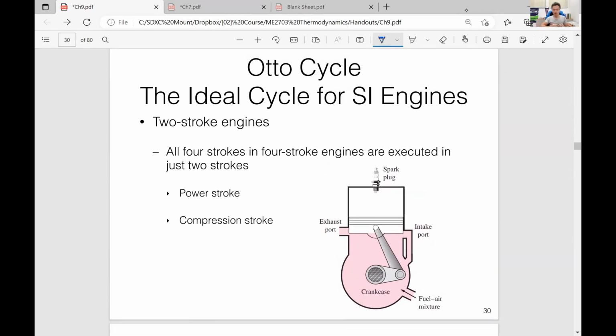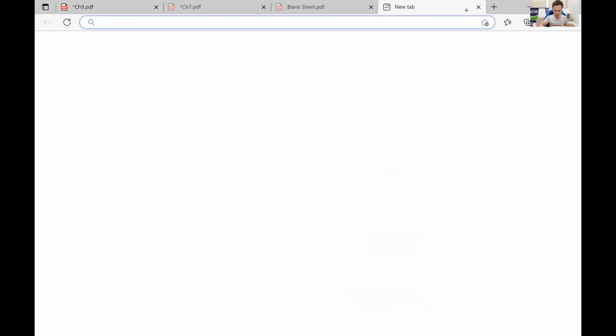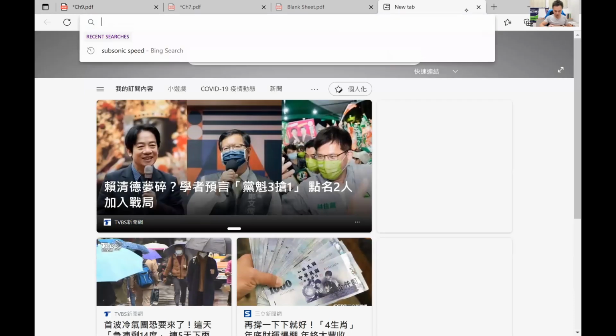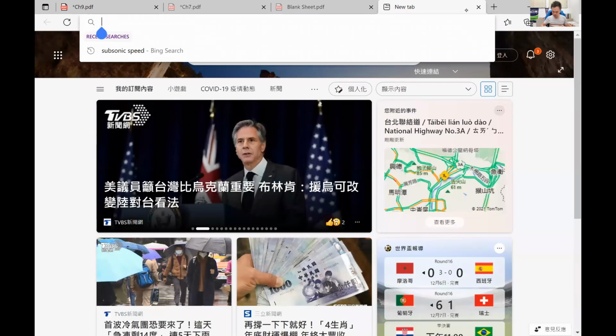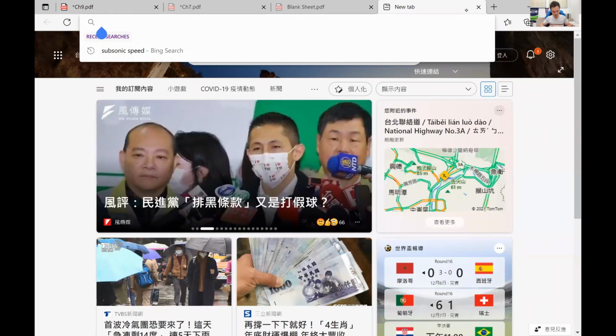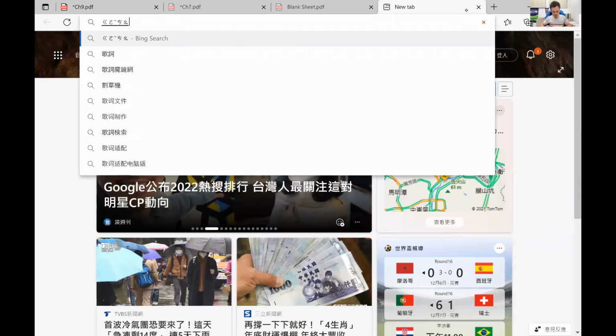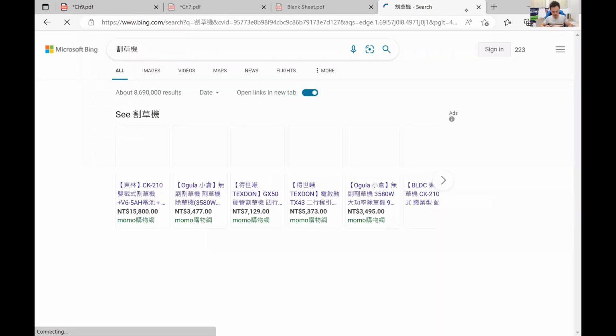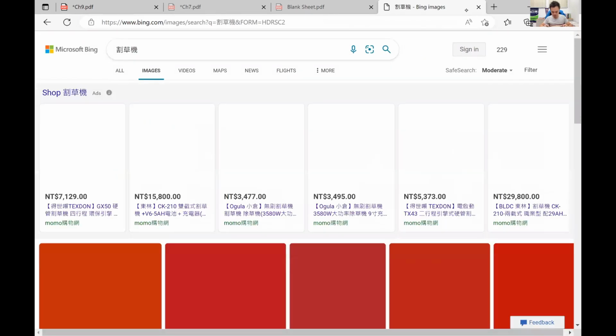For example, a very small engine, usually. I don't know if you have seen this.